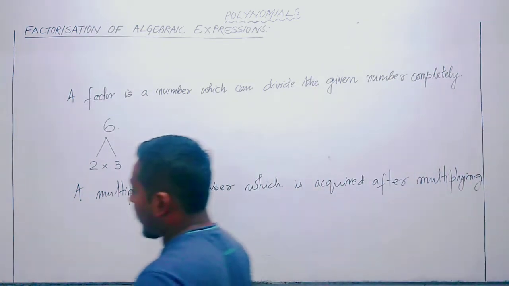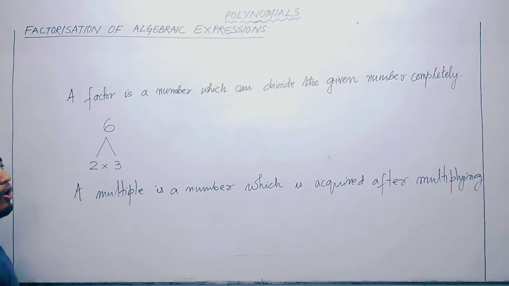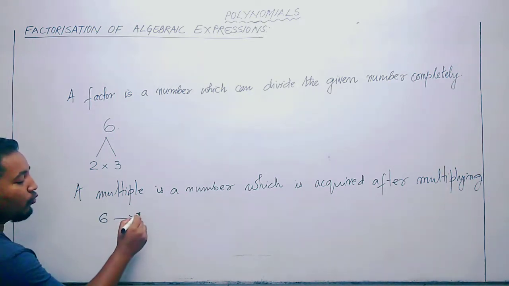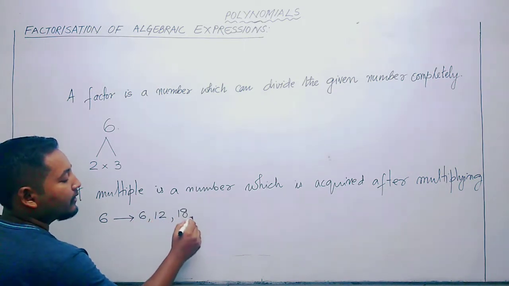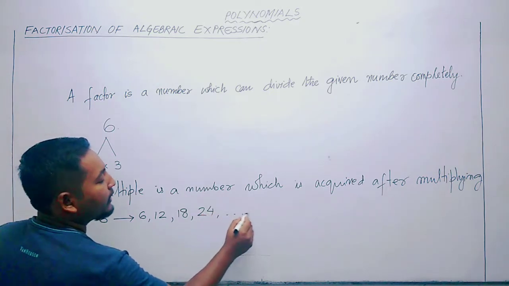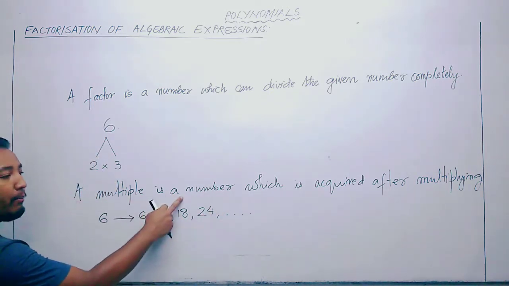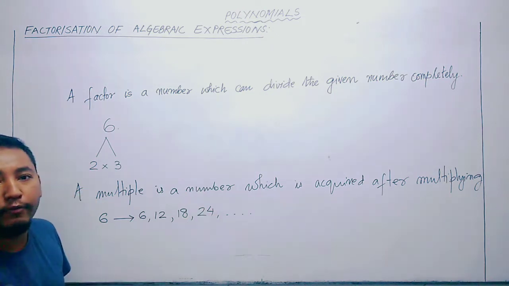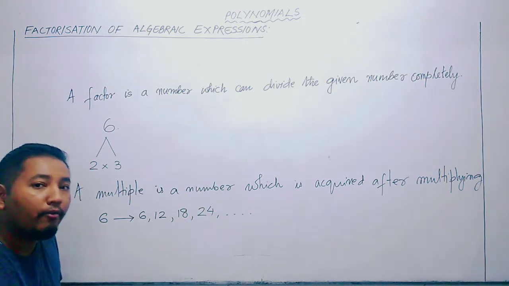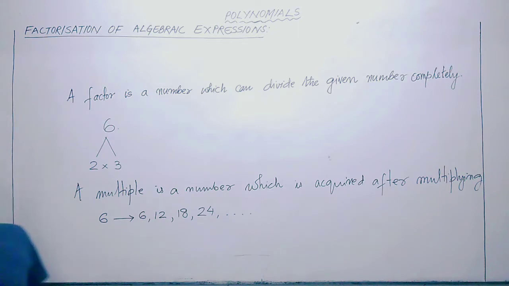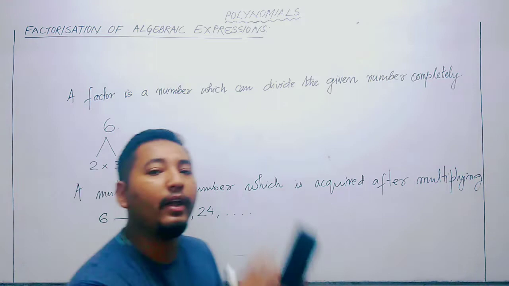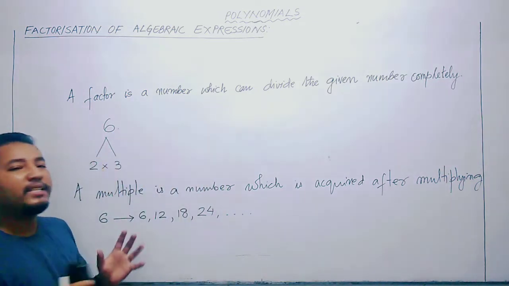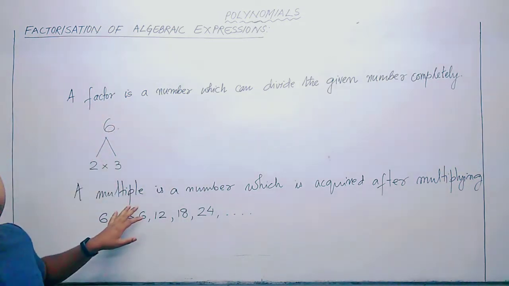If I ask what the multiples of 6 are, I can say 6 ones are 6, 6 twos are 12, 6 threes are 18, 6 fours are 24. So you are multiplying. A multiple is a number which is acquired after multiplying. When you multiply, you get a multiple. Or simply you can say a multiple is a number which comes in the table of that given number. So these are some basic things about factors and multiples.